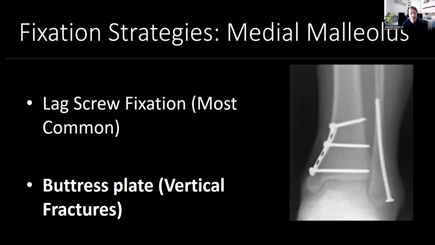In cases of the supination adduction injury that result in a very vertical medial malleolus fracture, a buttress plate ought to be applied. Again, remember the talus is trying to escape medially in these cases. So by placing the plate medially, you're buttressing against that displacement. And the fibula, in contrast, is failing in tension and can be treated with lag screws if desired.